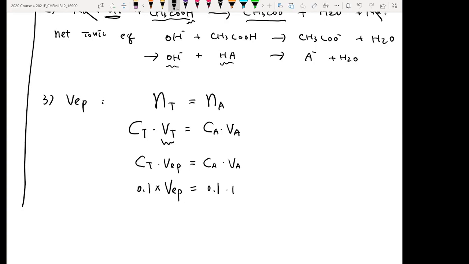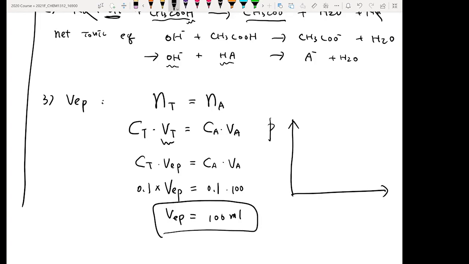The volume of your analyte is 100 mL. So from here, we can clearly see the VEP is going to equal 100 mL, right? If I plot my pH versus titrant volume, I know at 100 mL I'm going to see my VEP.